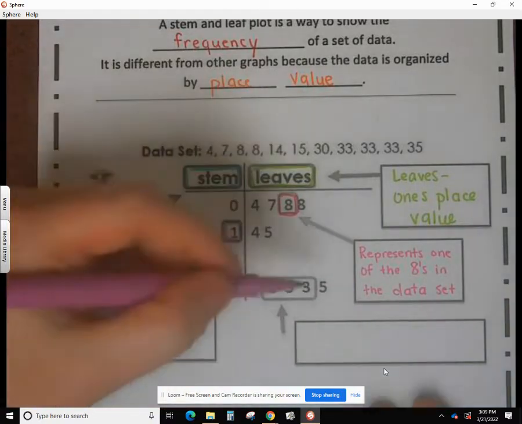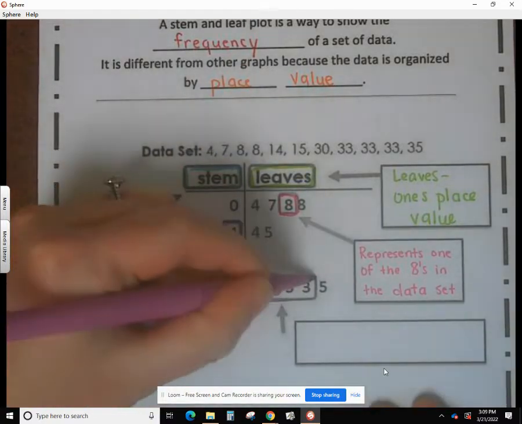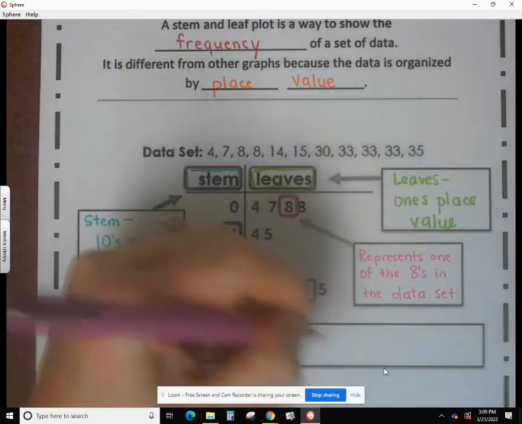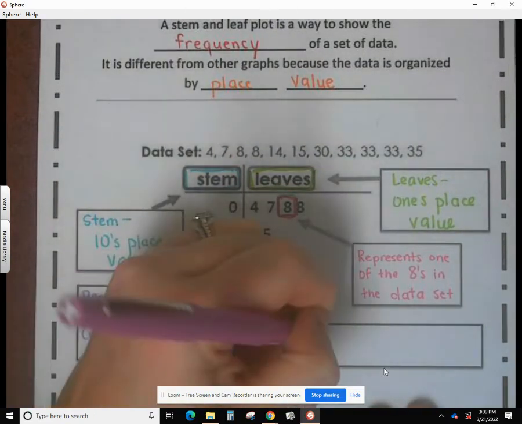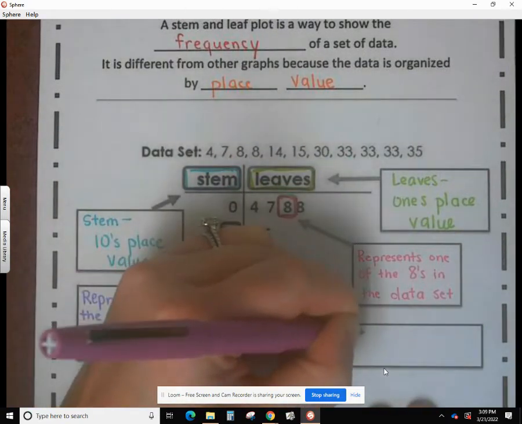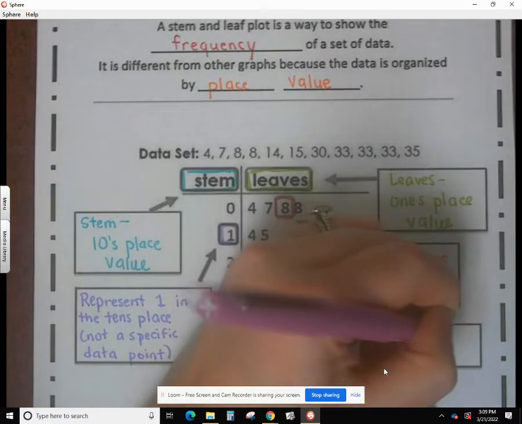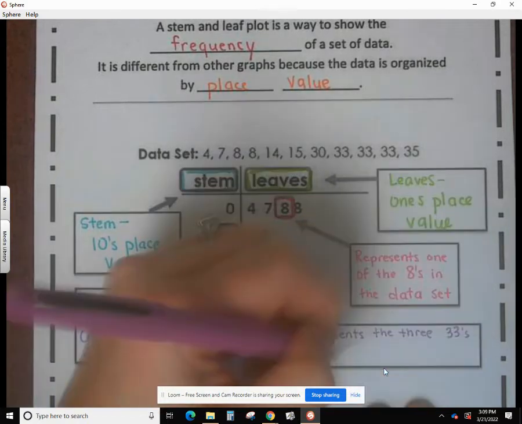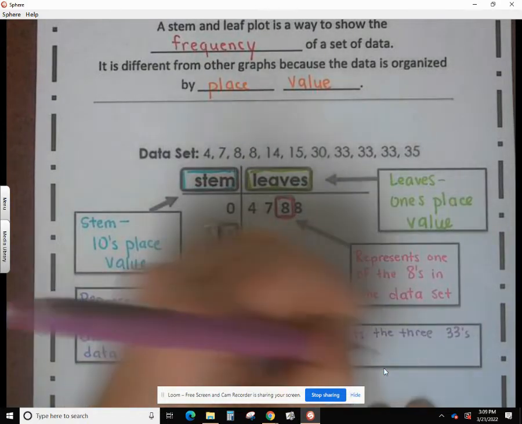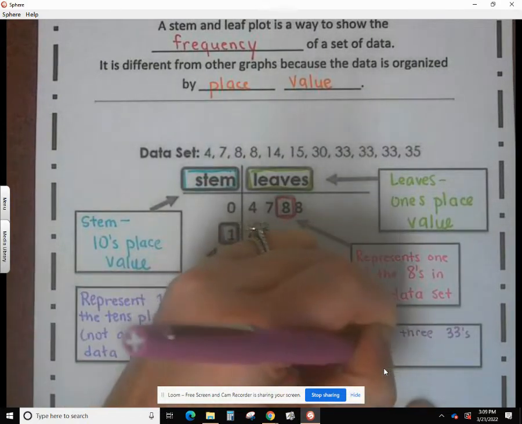Okay, so let's look at these 3s down here. So that represents the 33s in the data set.